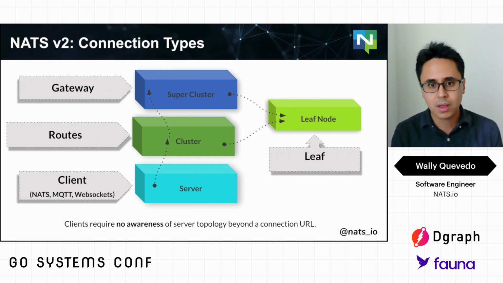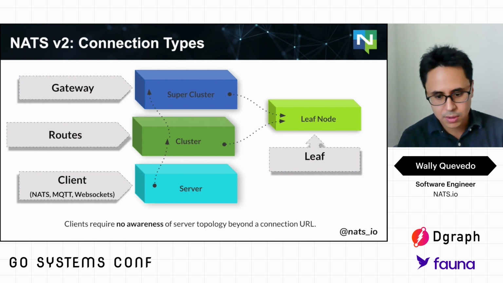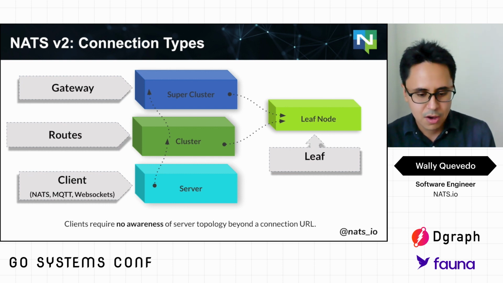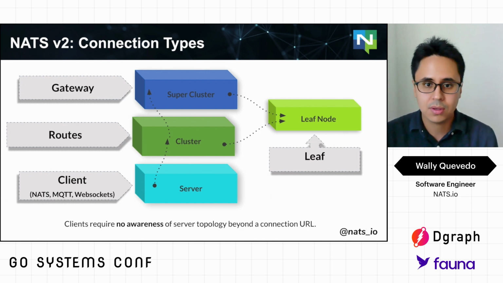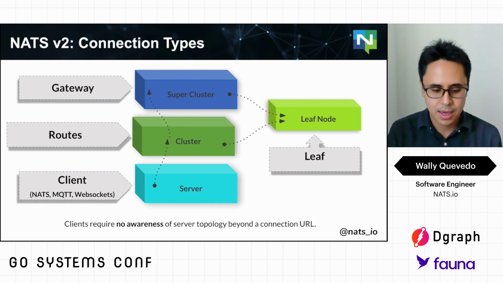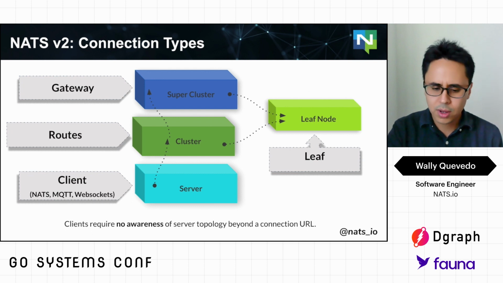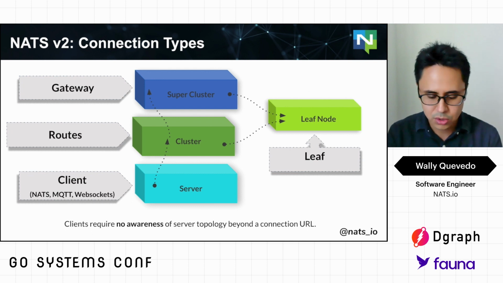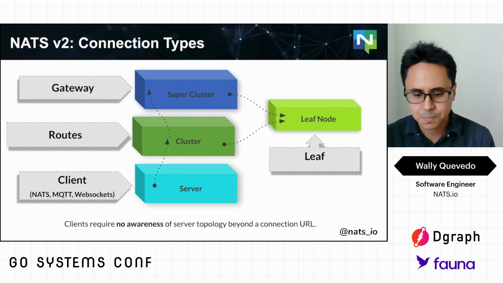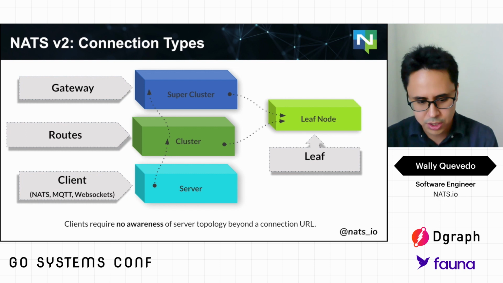And not only can you have NATS connections, but also WebSockets and also incoming MQTT support. Within the same DC, you can have route connections. Those are for providing the fast failover. And when you want to connect from one cluster to another one, you talk about gateway connections. And the edge connections are those leaf connections.